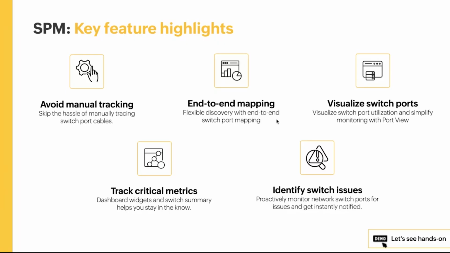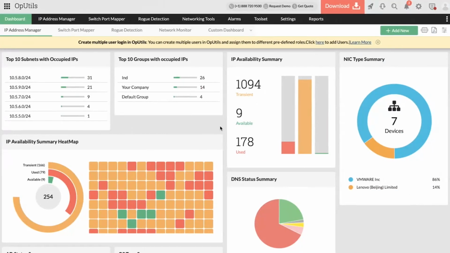And the best part is, OpUtils actively monitors your switches for issues like port flapping and looping, and it proactively alerts you via email or syslog if anything goes wrong. So you're not just monitoring, you're also preventing potential outages. So now let's jump back into the product and see how this works in practice.